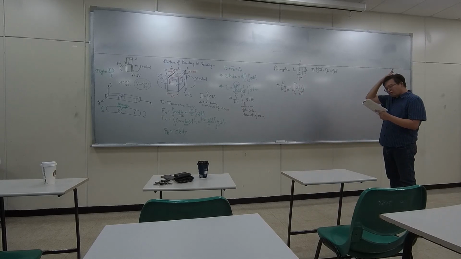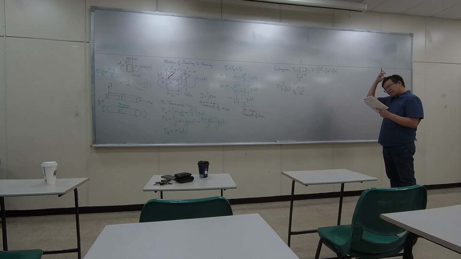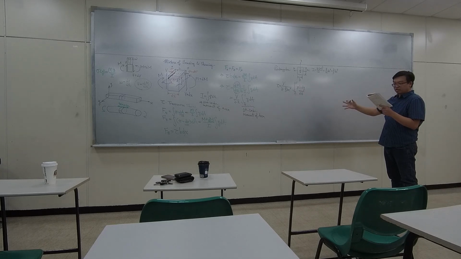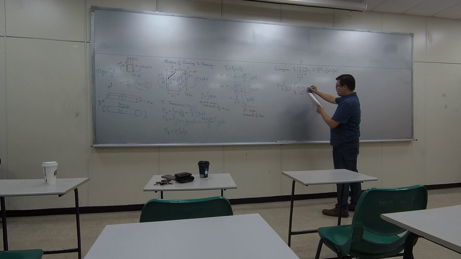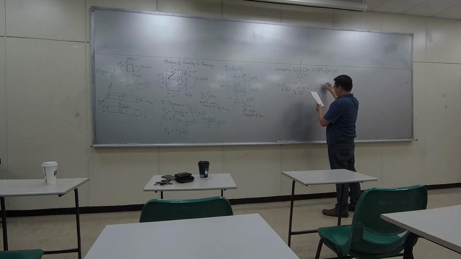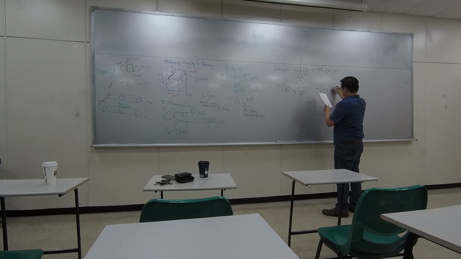If you do the whole thing, you can get the general equation of this. I did the math already. At the end it would be 3V over 4bc cubed times (c squared minus y1 squared).